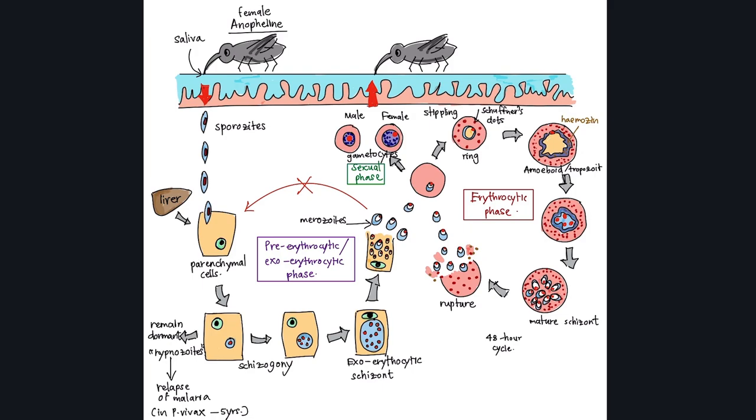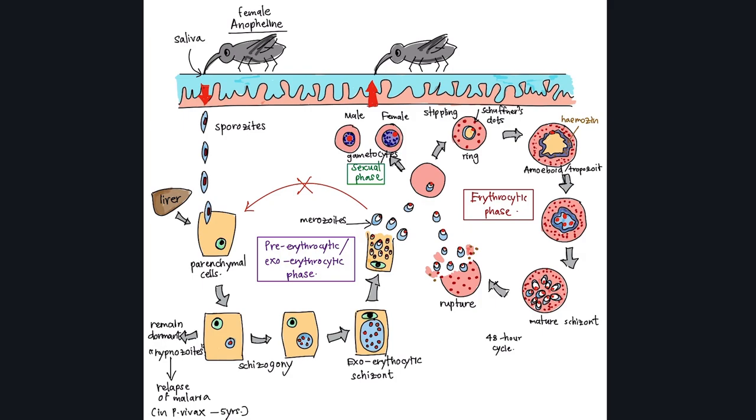These sporozoites find their way through the blood into the parenchymal cells of the liver, and through certain receptors they enter these cells. In the parenchymal cells they become round in shape, and gradually the nucleus of the Plasmodium vivax divides and forms several nuclei, and the cytoplasm of the Plasmodium divides around these nuclei. This process is called schizogony.